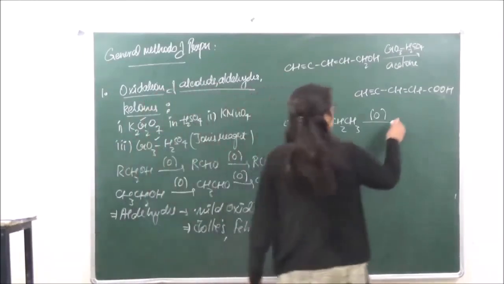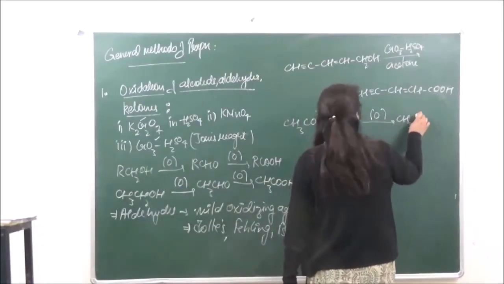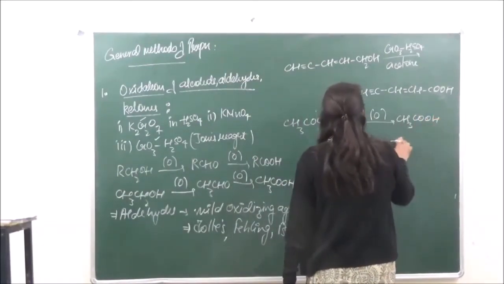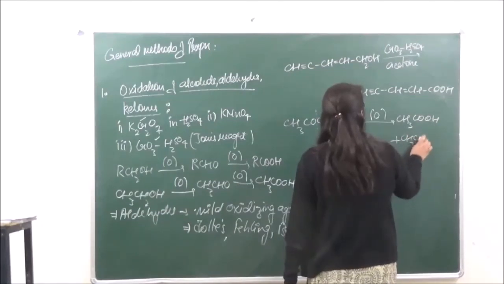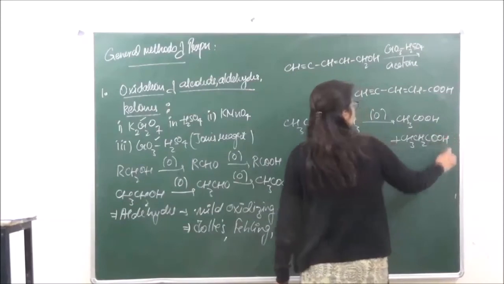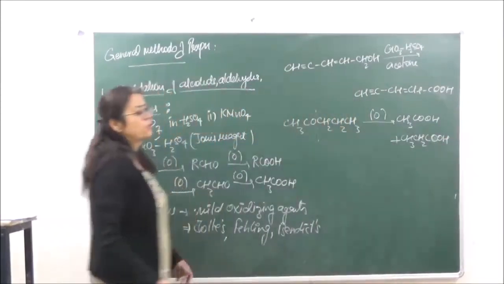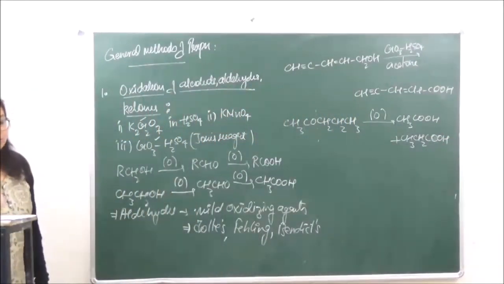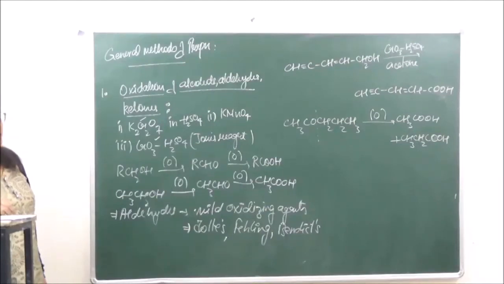So the mixture of acids which we have is CH3COOH plus CH3CH2COOH. This is what we are going to get over here. ठीक है? Clear हो गया? So this is how you can form the acids.